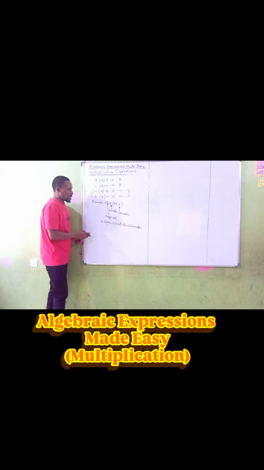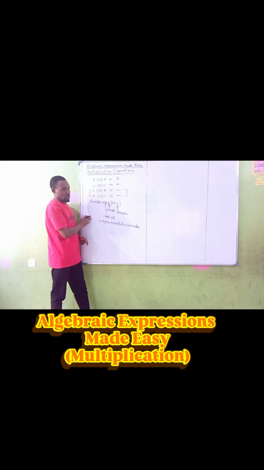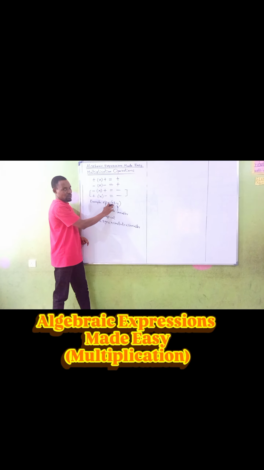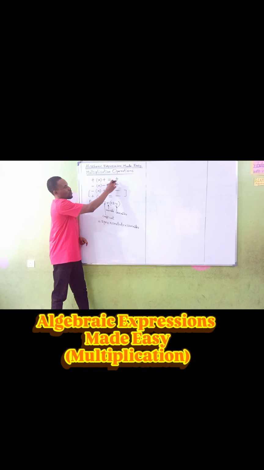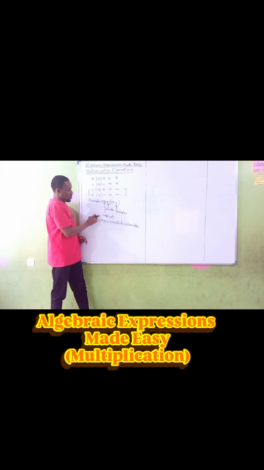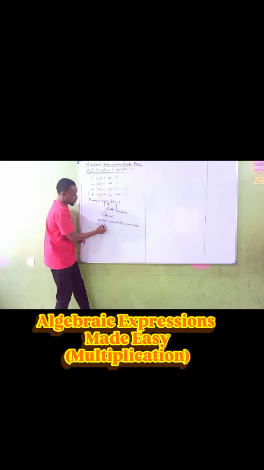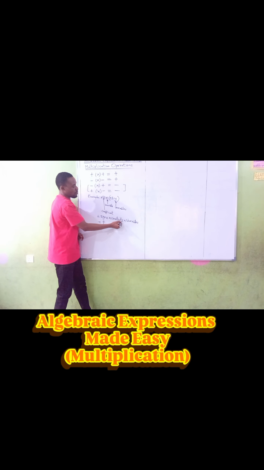Now, let's solve this. Ask yourself, what are the signs on the two terms here? We have plus and plus. Remember our rule: plus multiplying plus will give us plus. So our answer will be a plus. Now I go over to the constants or numbers.